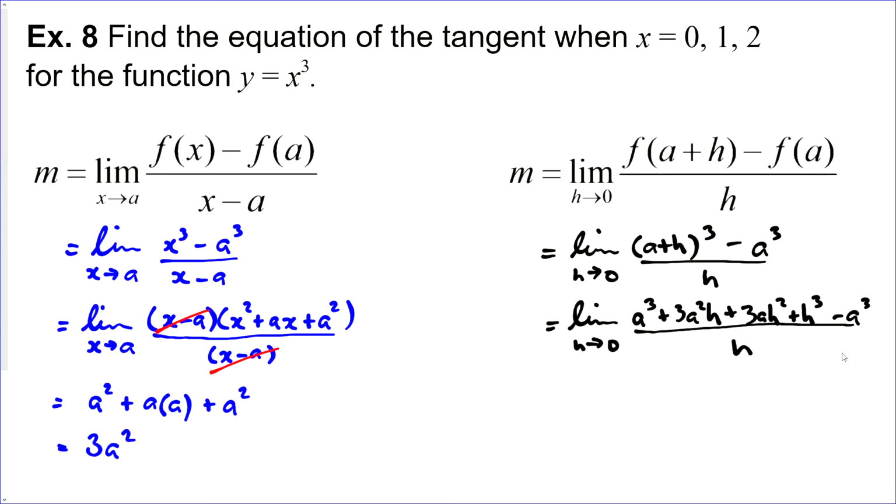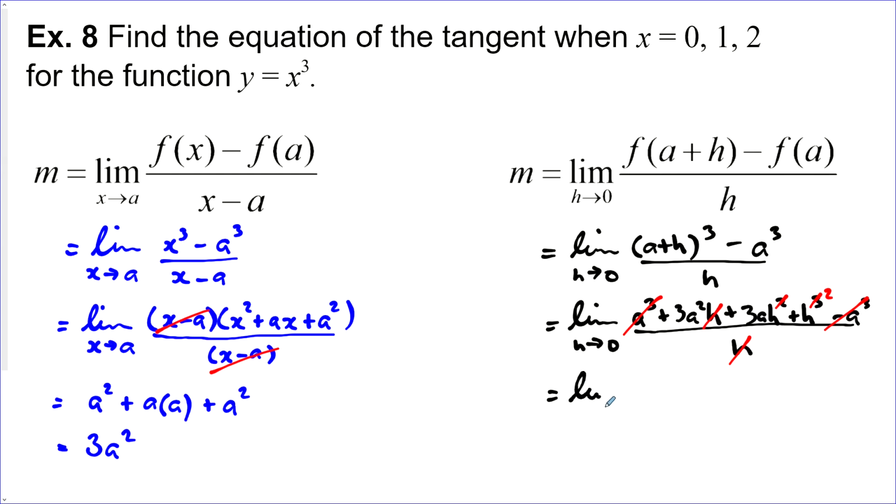And you can see that our a cubes will cancel out here and here. And also I'll do it in the same step: 1h from the numerator will cancel out with 1h in the denominator. If that is too much happening in one step, then split that into 2 steps.